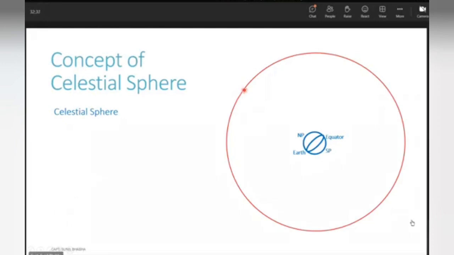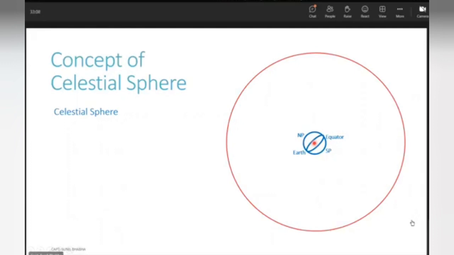So we will specify the center as well as the radius of the celestial sphere also. As you can see from the diagram, the center of the celestial sphere is the same as the center of the earth. So earth and celestial sphere are both concentric spheres.